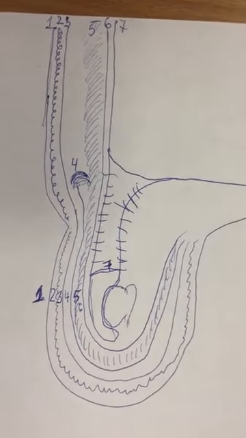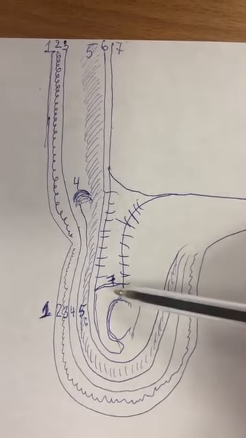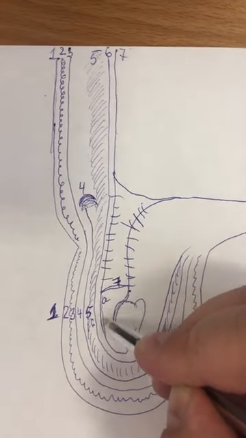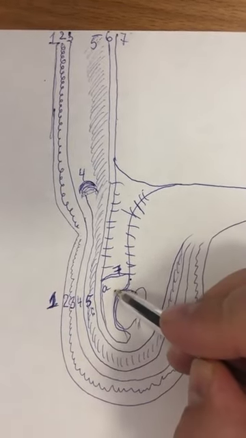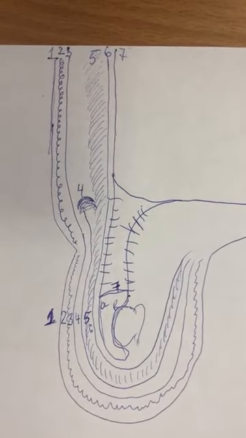It is a continuation of peritoneum, and tunica vaginalis consists of a parietal layer, that is letter A, and a visceral layer, that is letter B, and the space between them is cavum vaginale testis.